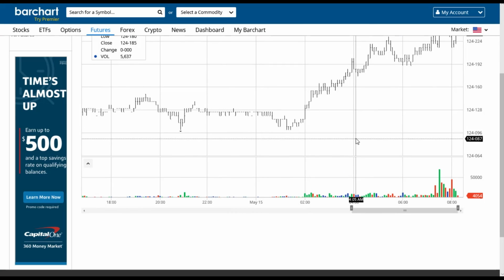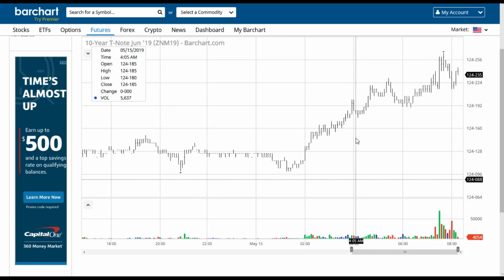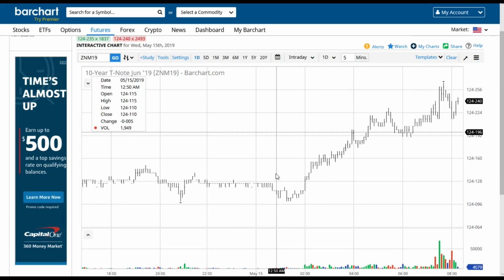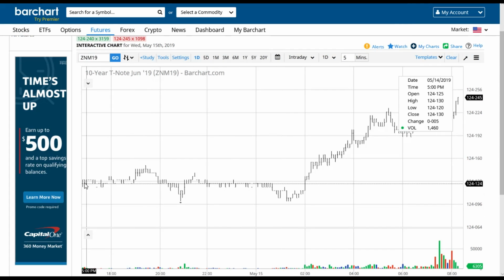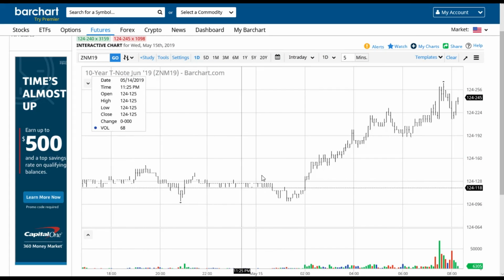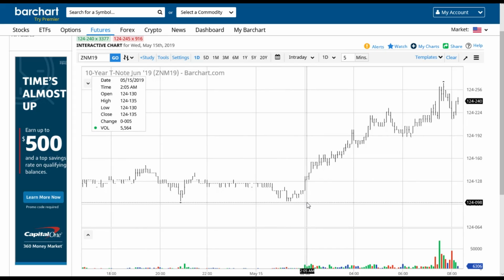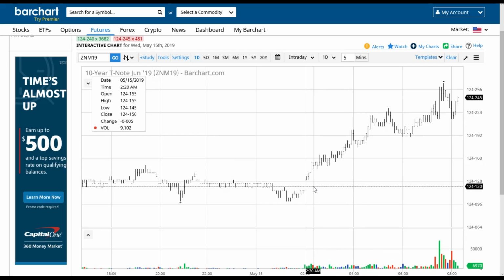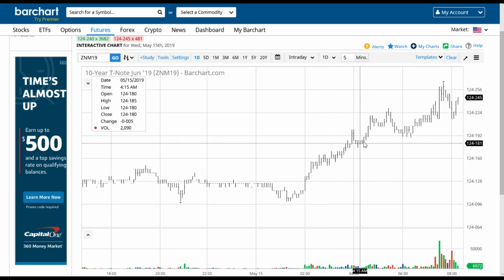So this is the overnight action in the 10-year T-Note, the June contract. We're still trading June for another few weeks. It was kind of dead, as you can see, across the board here. Then right around 2 a.m. Central Time, I think this is, it just started this slow grind higher.